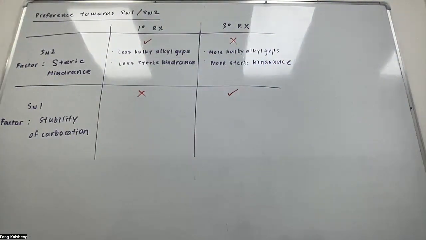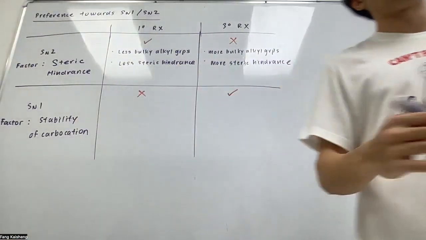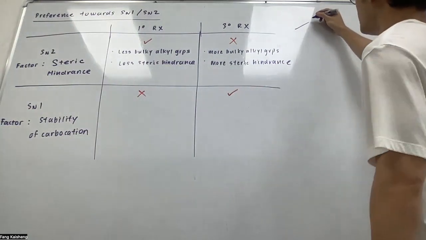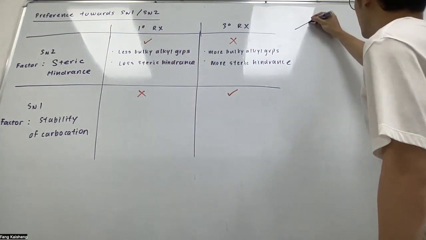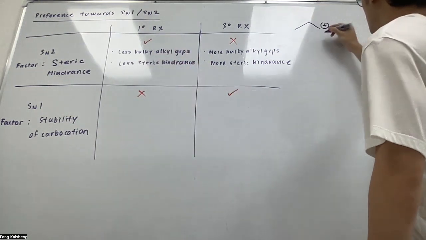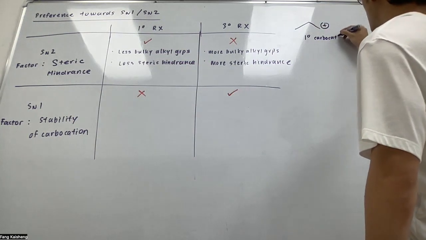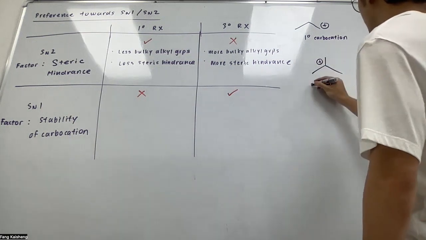Based on this idea, let's do a little bit of extra stuff. Can you all draw a primary carbocation, and let's draw it together at the side. For example, this one here, versus a tertiary carbocation, like this one, for example.